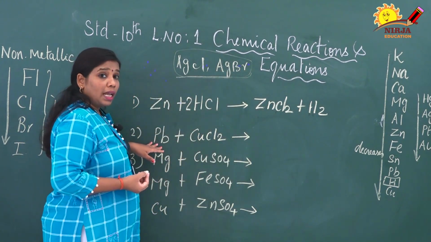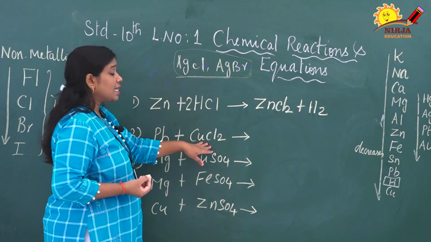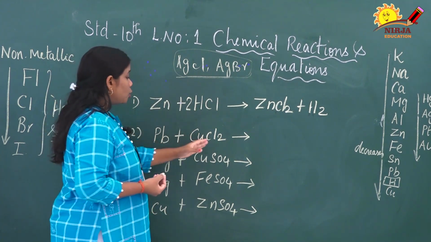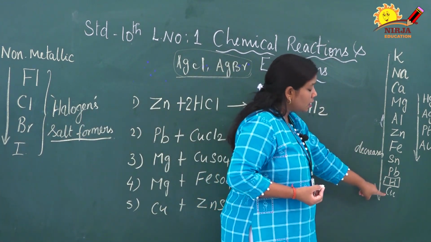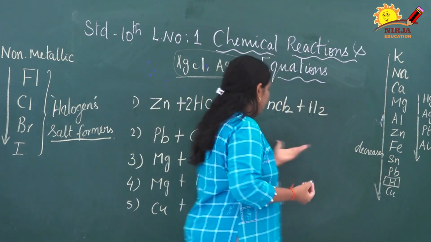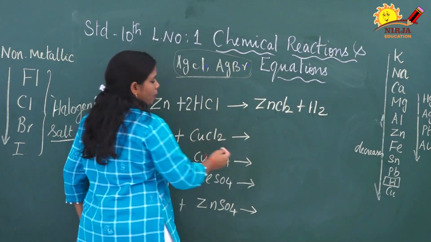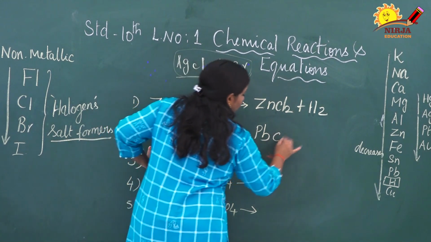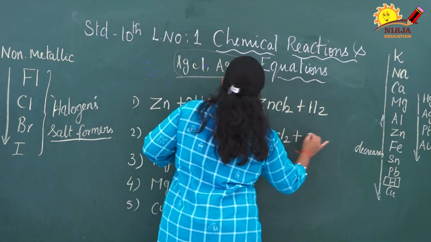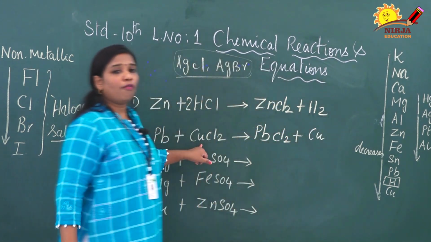Next, lead, that is plumbum Pb, reacts with copper chloride. Is this possible? Yes, we have to check here. Pb is more reactive than copper, so of course this is also possible. It is converted into lead chloride, plus copper will be formed.